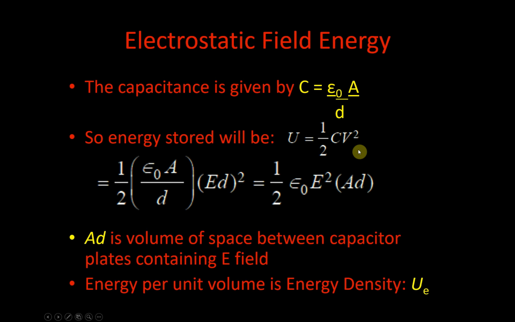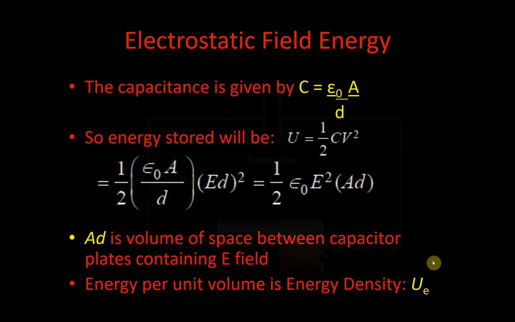That makes for a lovely, concise equation if you substitute one into the other, and you'll end up with 1/2 epsilon 0 A over D times ED squared will give you this. Usually, what you can do is calculate one and then substitute into the other. But what this will give you essentially is an energy density, how much energy you've got on your plates.